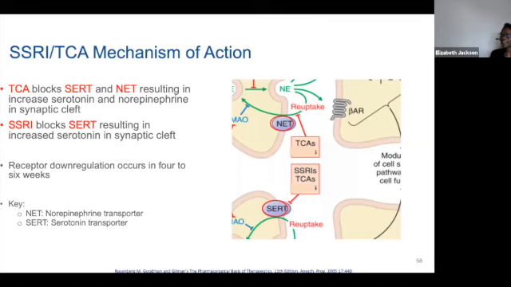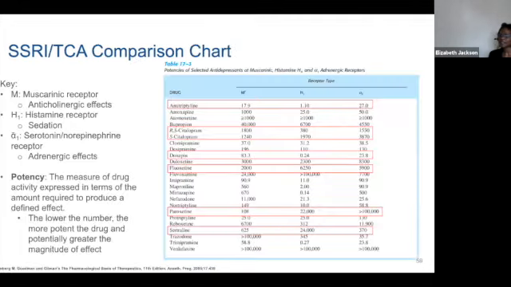The SSRIs block the SERT, resulting in increased serotonin in the synaptic cleft. Receptor downregulation occurs in 4 to 6 weeks. And I should have mentioned that the NET is actually representing the norepinephrine transporter, and the SERT stands for serotonin transporter. So that's what that figure is depicting. Next slide, please.